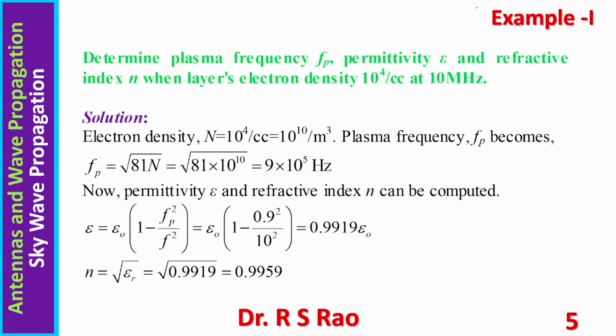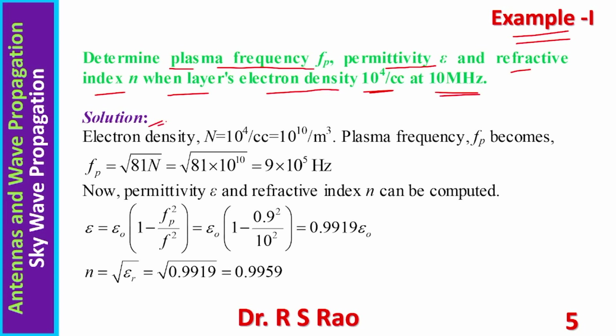Now we move to another mode of wave propagation, that is sky wave propagation. We begin this mode with a problem, example 1. Determine plasma frequency fp, permittivity epsilon and refractive index n when layer's electron density is 10 power 4 per cc at 10 megahertz.